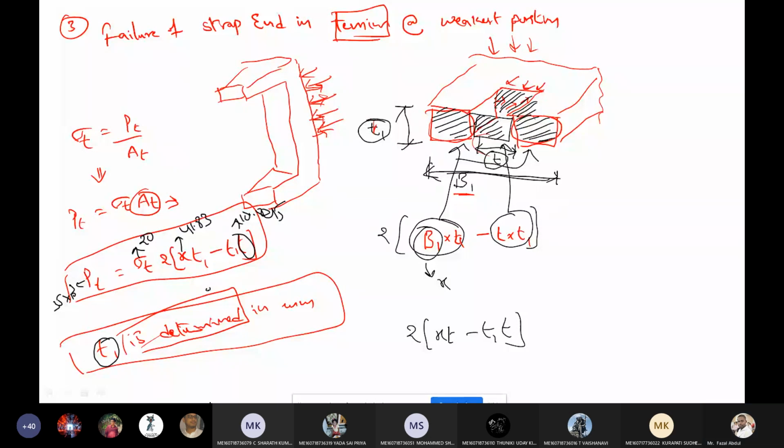What is T1? Get it fast, Babu. Last 6 minutes we have.